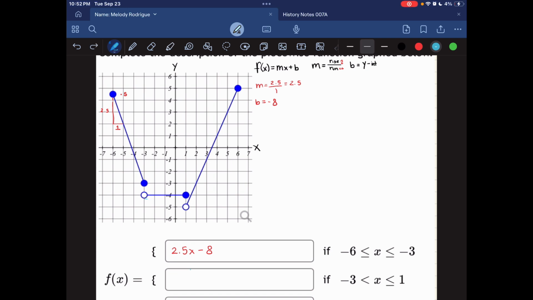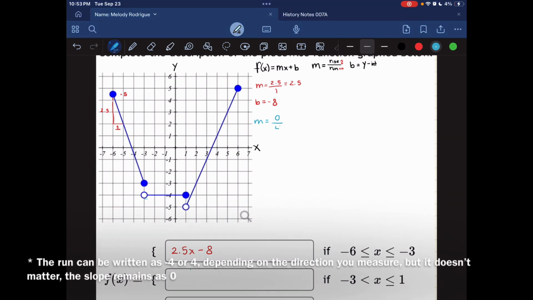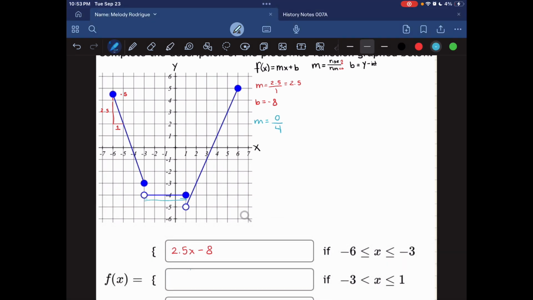If we put this in the format, the rise is 0, so m is 0 over -4, +4, my bad, because it's going to the right. You can see that it's just going to be 0 because 0 over 4 is 0. So we can just cancel that out and not put that in our equation.